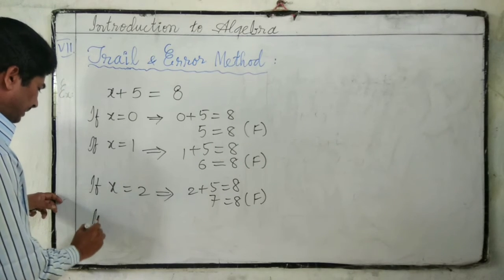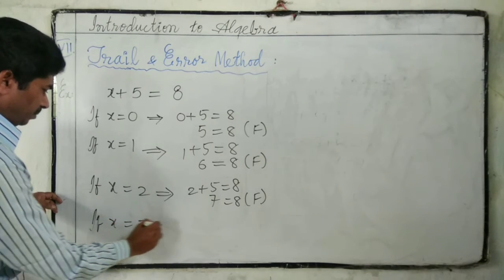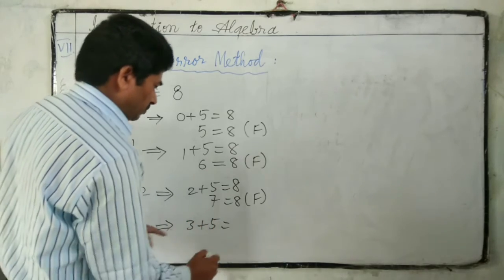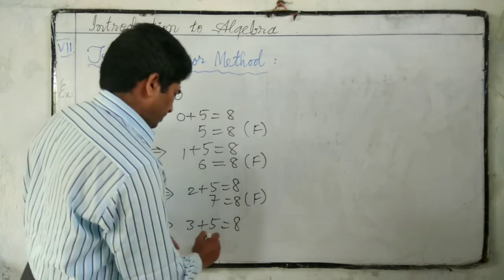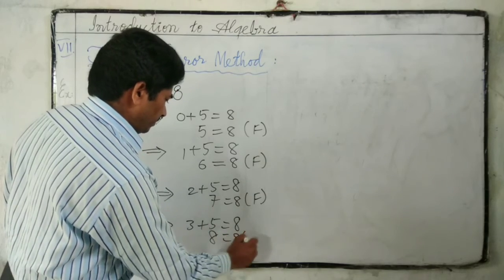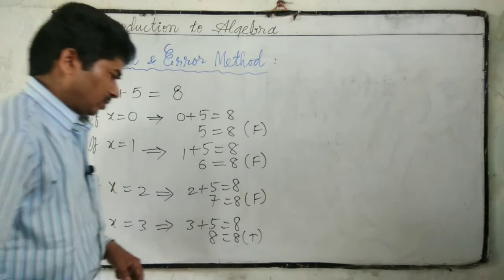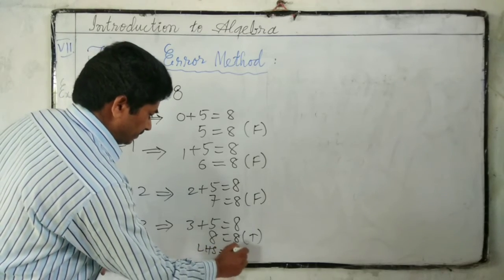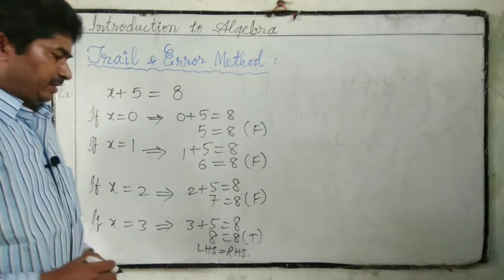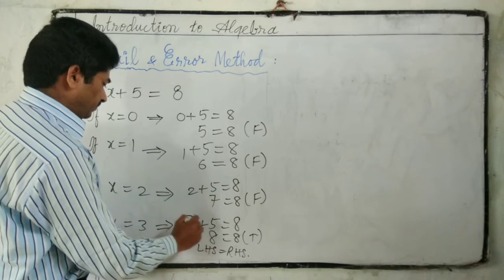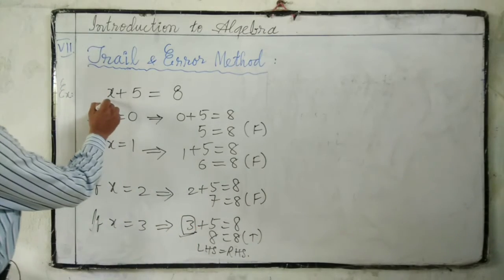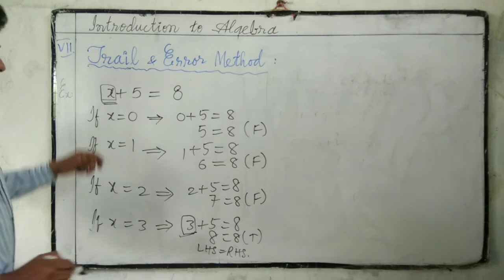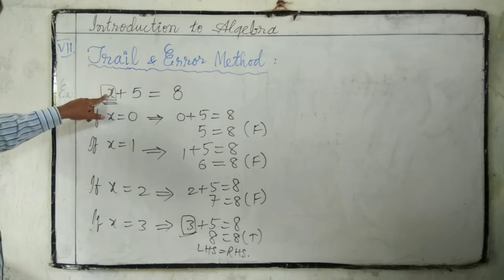If x is equal to 3, then 3 plus 5 is equal to 8. 8 is equal to 8. This is true, so LHS is equal to RHS. So 3 satisfies this equation in the place of the variable.